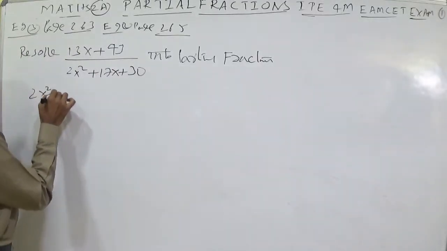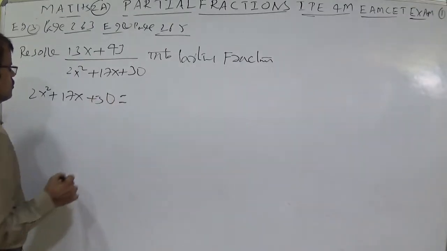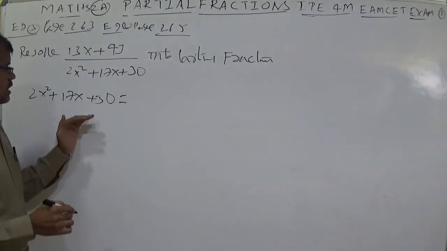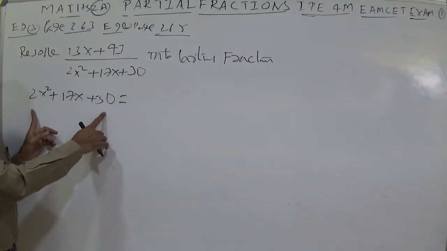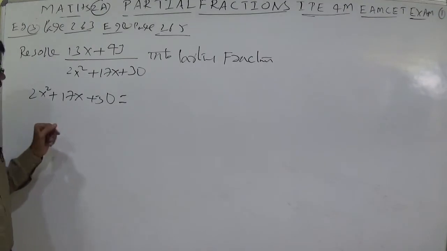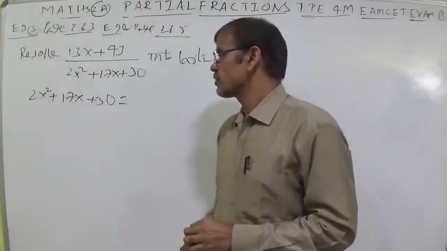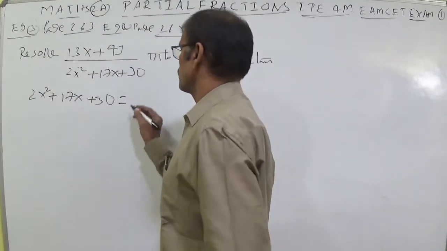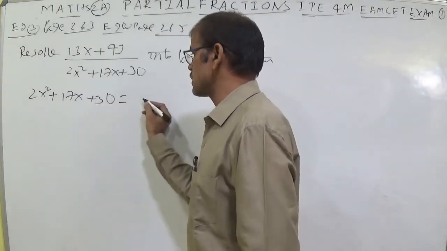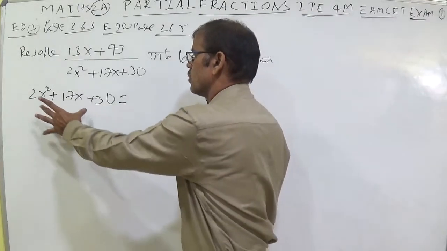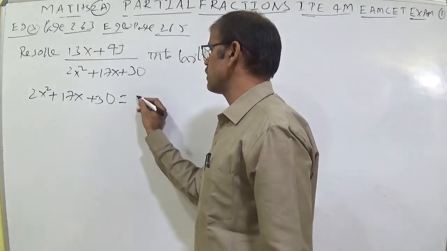Let us write here 2x square plus 17x plus 30. If factors are there, we can split this one. 2 30s are 60, depending upon the value, we should go for factors or split the middle term. 2 30s are 60, depending upon 60.